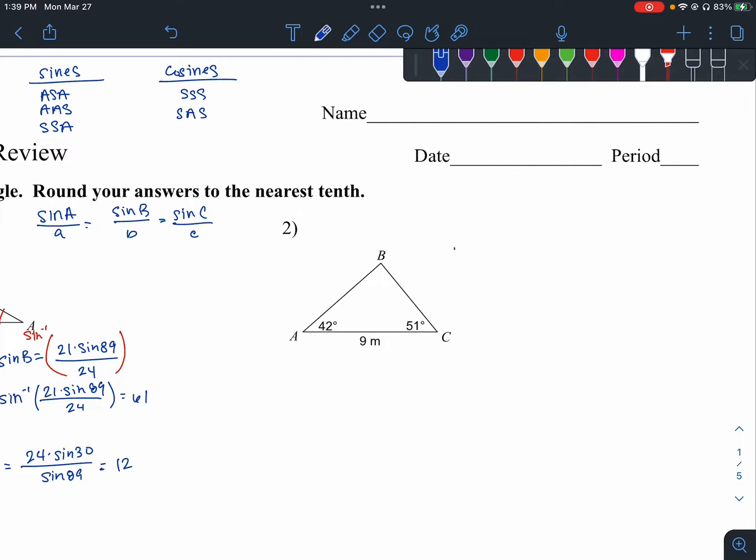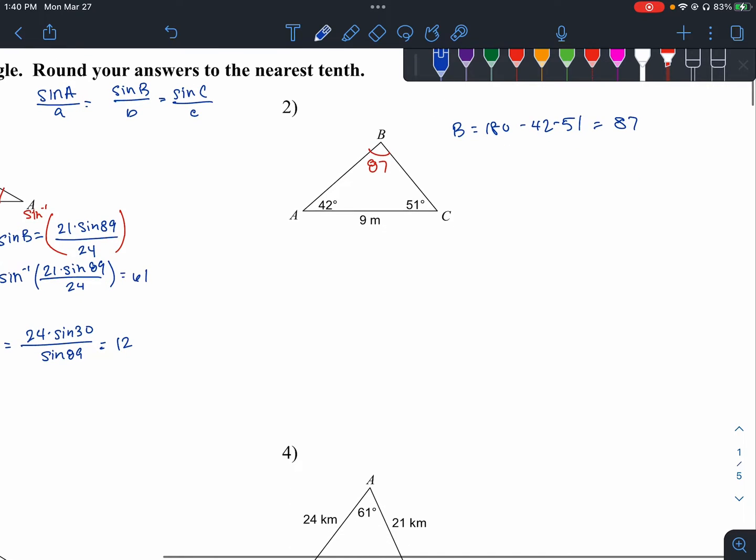So B is equal to 180 subtract 42 subtract 51, and we're going to get 87. So that's pretty easy right there. This one is already solved for, 87.